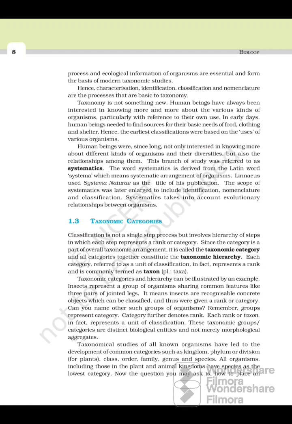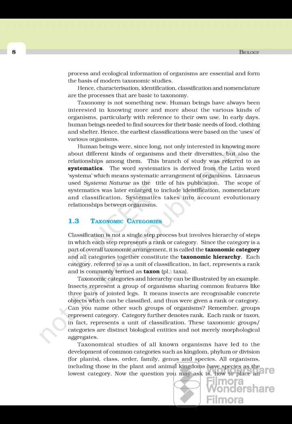Taxonomical studies of all known organisms have led to the development of common categories such as kingdom, phylum or division (for plants), class, order, family, genus, and species. All organisms, including those in plant and animal kingdoms, have species as the lowest category.